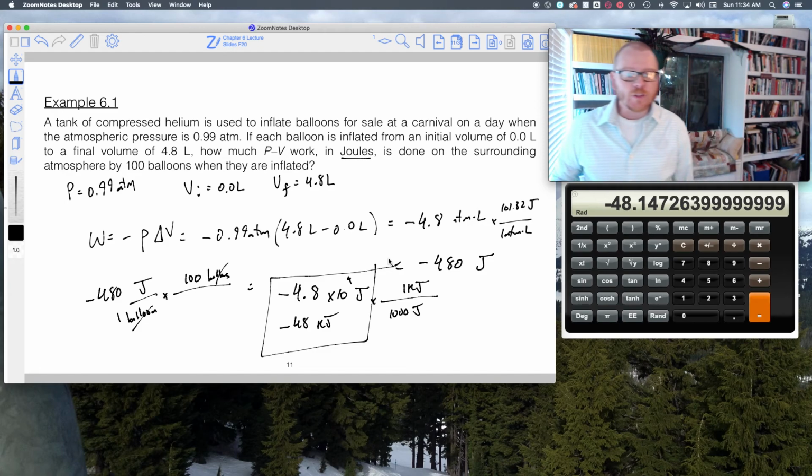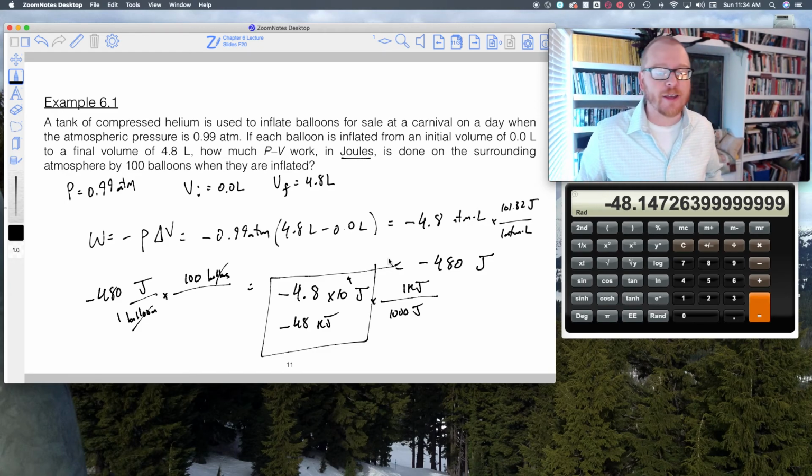We're going to see that the math in thermo is pretty simple. It's plugging and chugging into our equations. The hard part is going to be getting the units correct, as well as getting the sign correct. Is it negative or positive? Okay. So keep track of those.